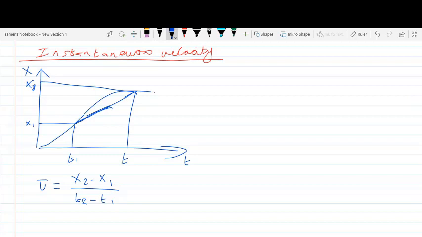Now, as the line joining the 2 points gets smaller, let the line be here, for example, the 2 points are coming closer to each other. The 2 points that we are calculating the average velocity between are becoming closer.